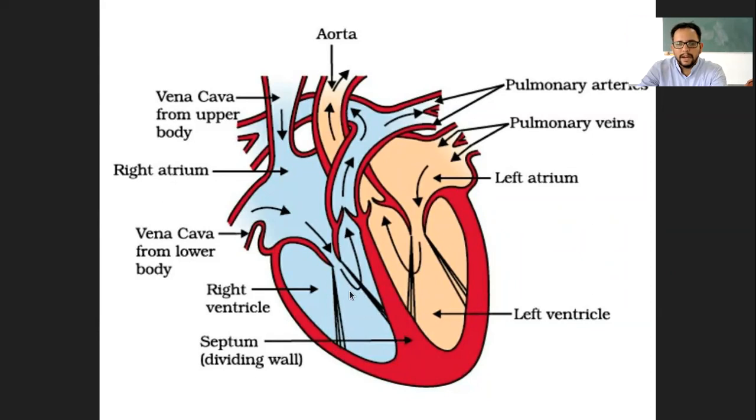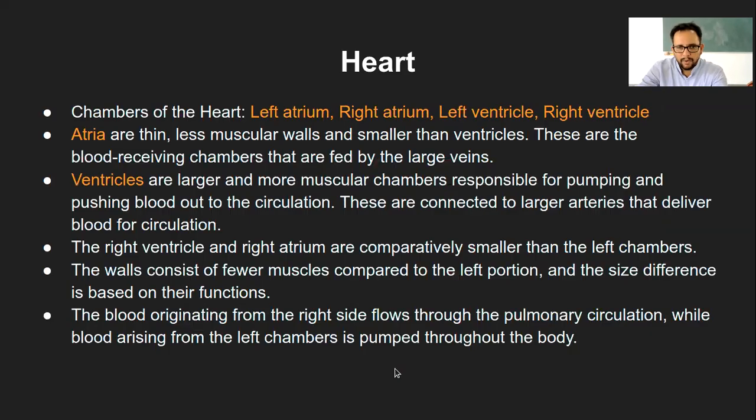On the other hand, from the right ventricle, blood will be pumped through this pulmonary artery, the lung artery. So the lung will receive this blood from the right ventricle. We will get more clarity when we look at the mechanism of blood flow.